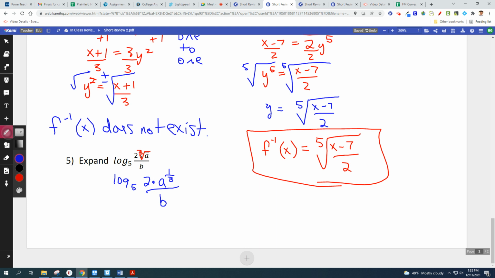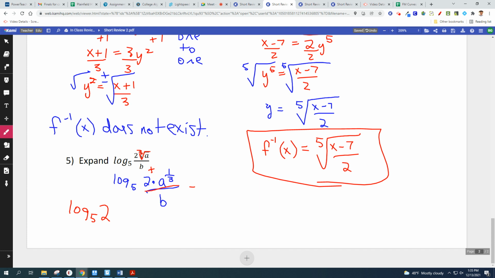All right. So if we're trying to expand this, we know that times is plus, and we know that divide is minus. So we're expanding it. It's actually going to expand into 3 different logarithms. We're going to have log base 5 of 2.